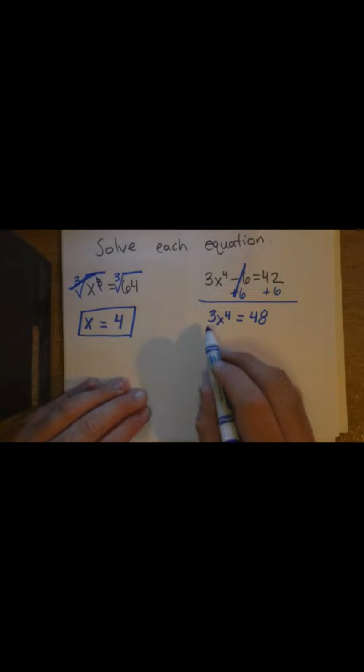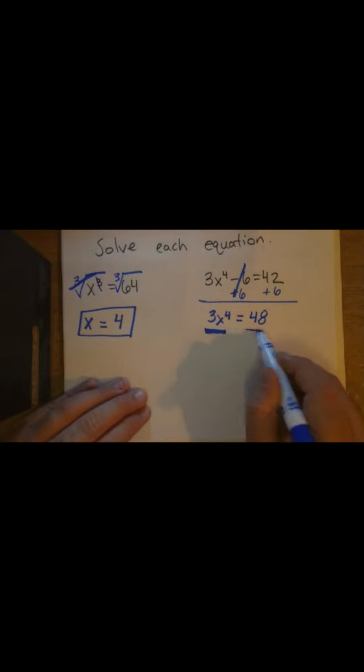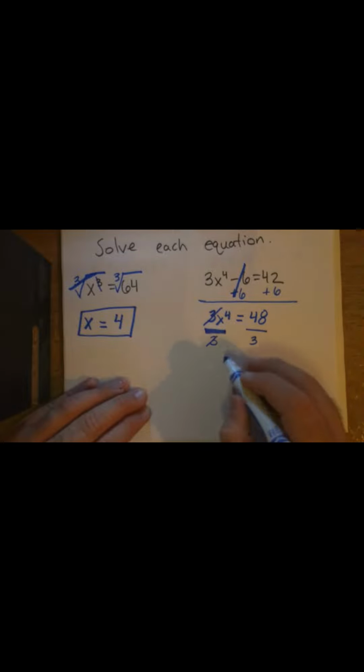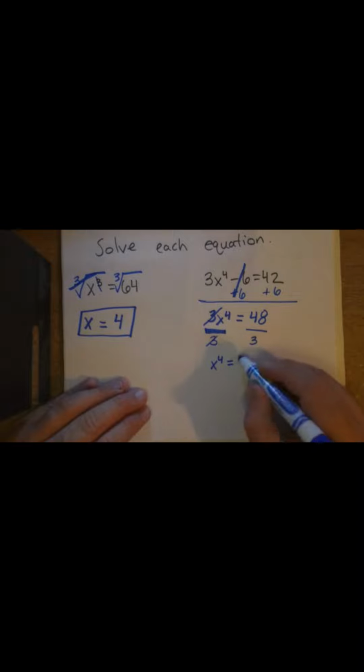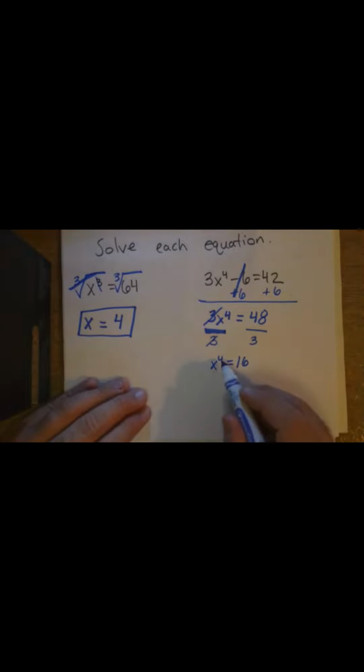Now I'm going to divide both sides by 3 so that these reduce to 1. I have x to the 4 left over. Equal sign. 48 divided by 3 is 16. Now we're going to undo the power 4.